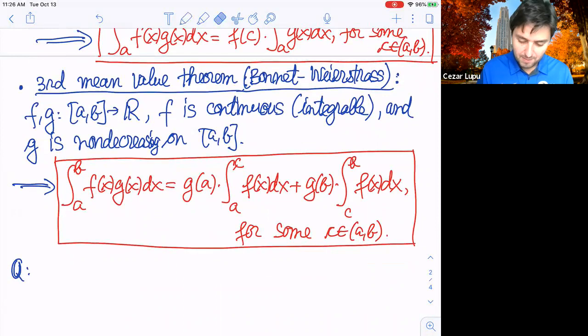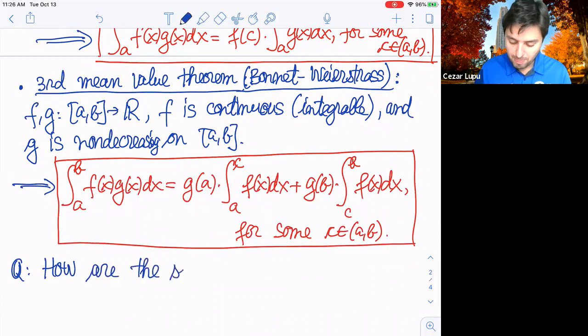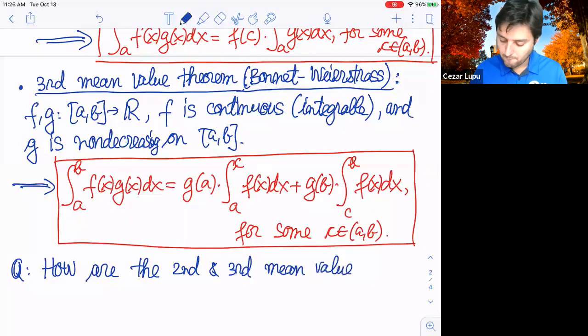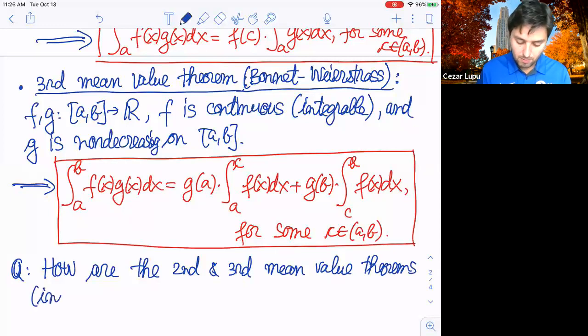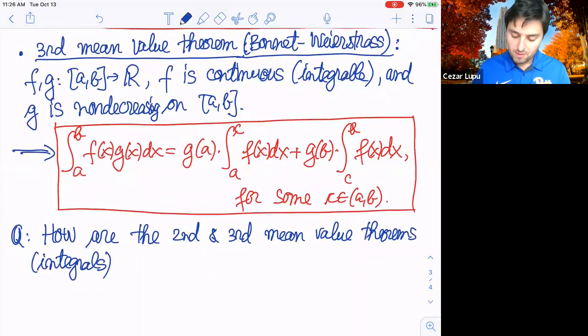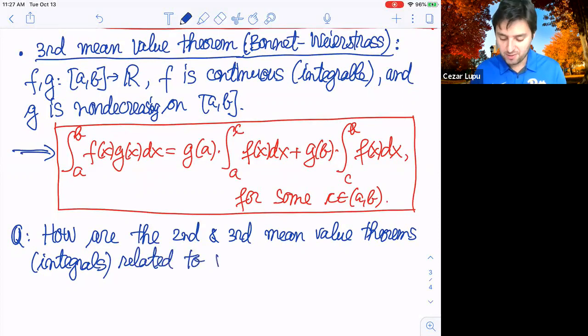How are the second and the third mean value theorems for integrals, I want to mention it, even though it's redundant, related to values of, okay, to the Basel problem?